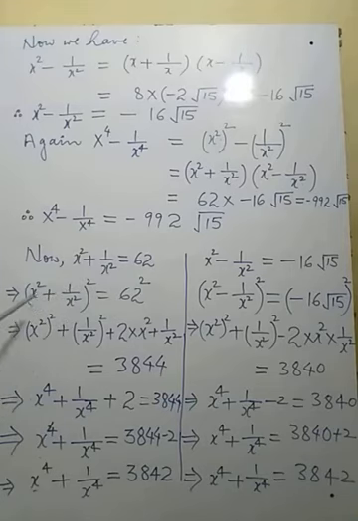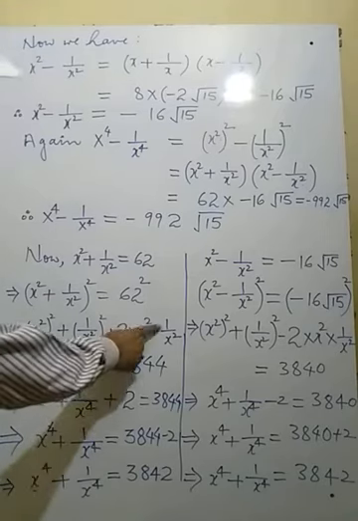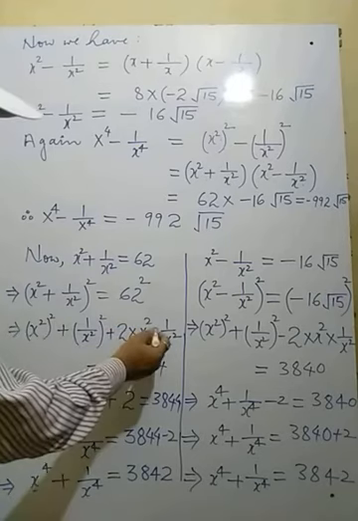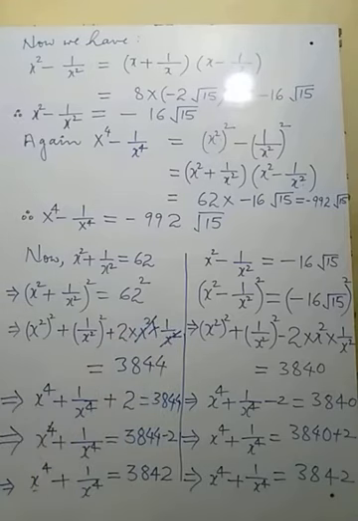So this means a square, square means square of x square, b square means square of 1 upon x square, plus 2 into x square into 1 upon x square. Now this x square and this x square will be cancelled here. So what is remaining? X square whole square, 1 upon x square whole square, 2 into 1, that will be 2. Now square of 62, if you calculate 62 into 62, so that will come 3844.